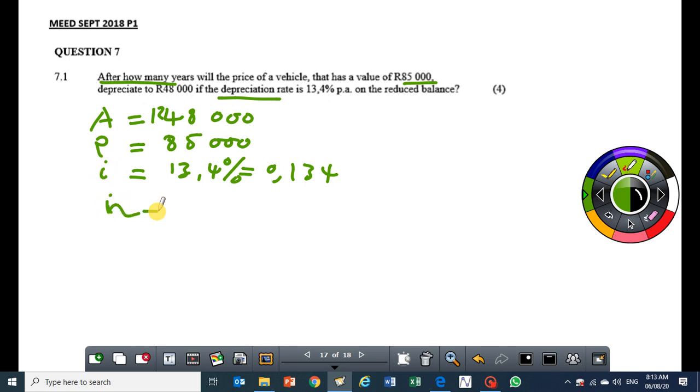So we want to calculate the N. The formula A equals P times (1 minus i)^n, with the minus because here there's depreciation. So we use the formula which has got the minus, because of the depreciation. We want to get that N. My suggestion, if you want to get the N, is that you can substitute, simplify and carry on.